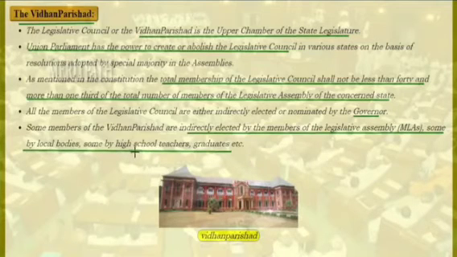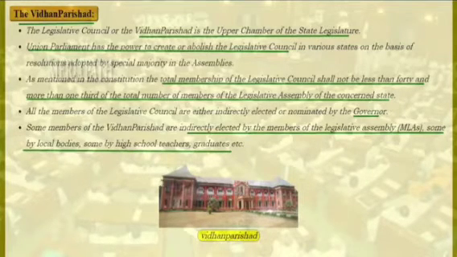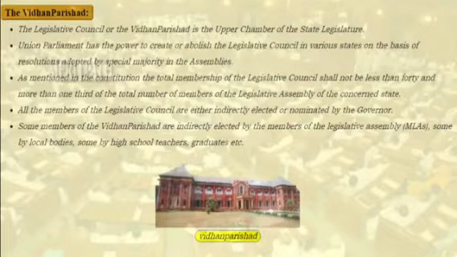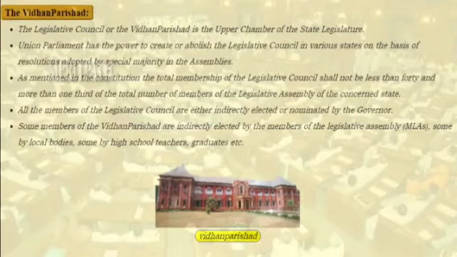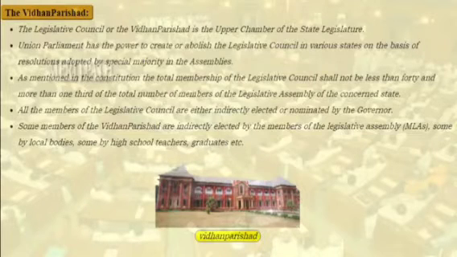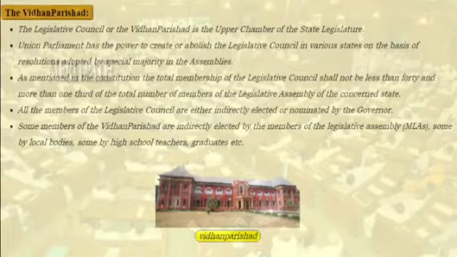As mentioned in the constitution, the total membership of this council will not be less than 40, and not more than one third of the total number of members of the Legislative Assembly.